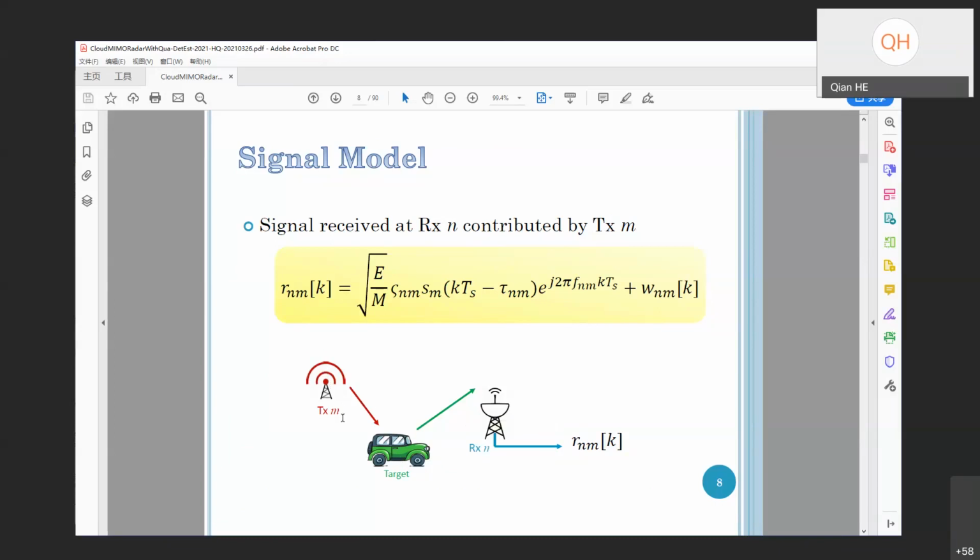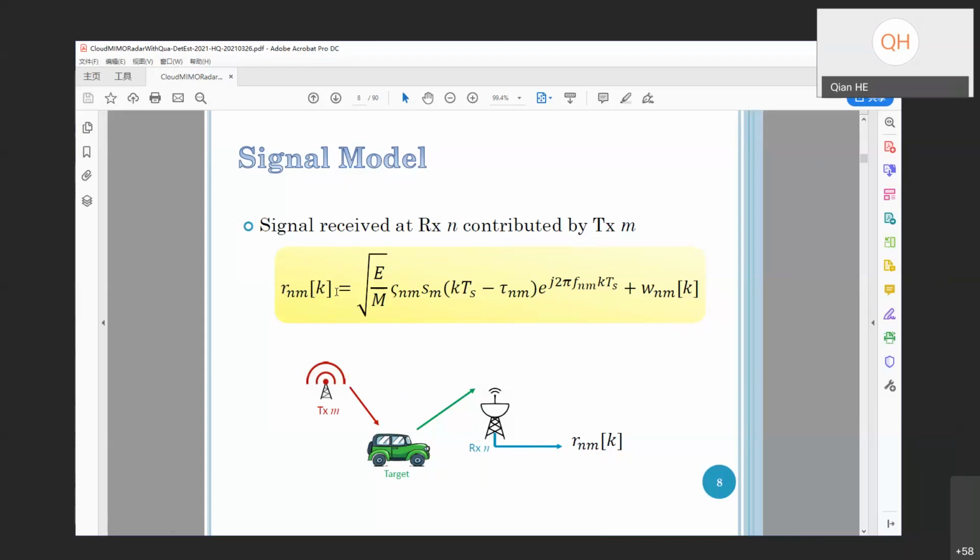We consider the signal transmitted by the m-th transmitter and bounced off the target. If there is a target, the signal will be bounced off and received by the n-th receiver. We only consider this nm path, and you can do similar analysis for any of the transmitter to receiver paths.